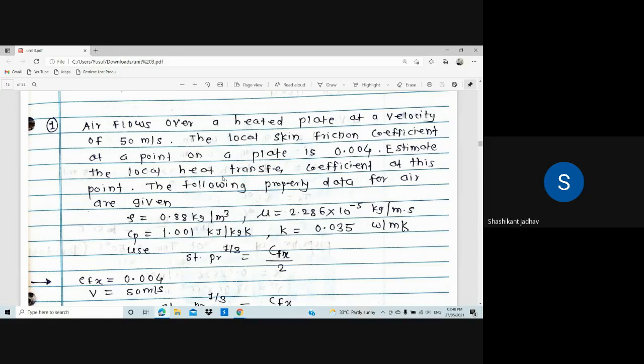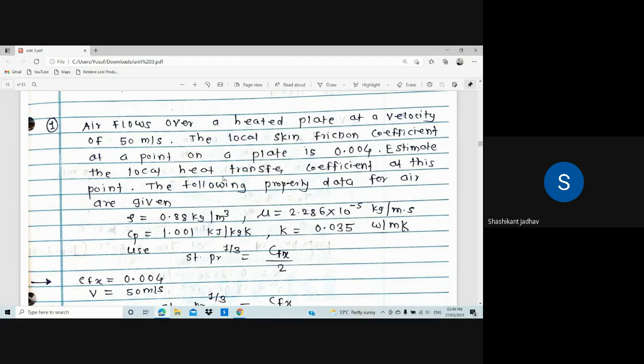K is equal to 0.035 watt per meter Kelvin.